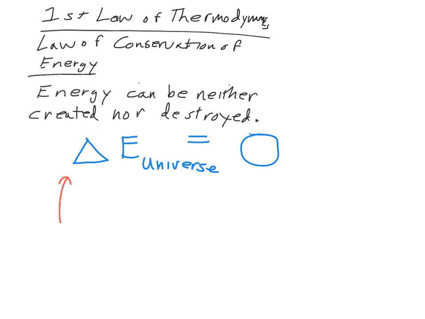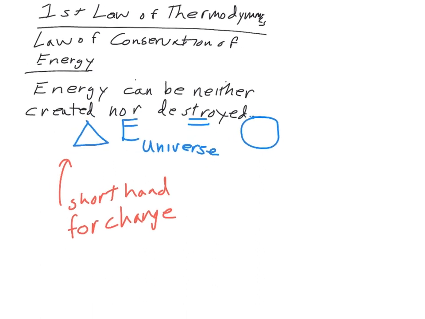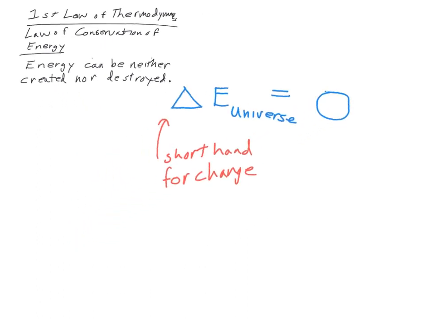Whenever you see a triangle in chemistry, and we'll use lots of them before the end of the semester, it's shorthand for change. So the change in the energy of the universe is equal to 0. What that means is that every single chemical process can be thought of as a zero-sum game when it comes to energy.